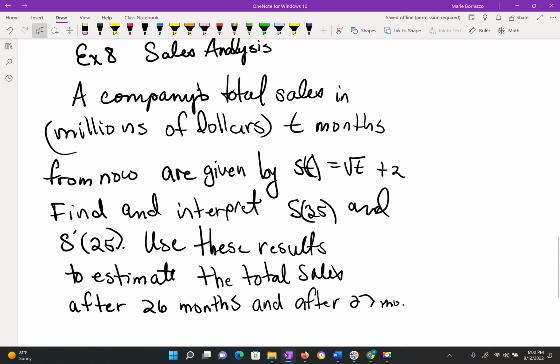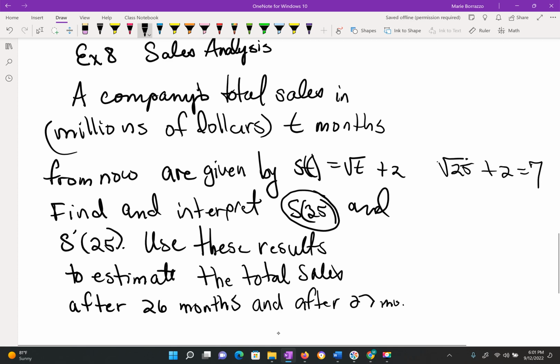I'll give you a hint. Go right back to the question we just did. Find that first derivative. So if I'm evaluating this, isn't this basically the square root of 25 plus 2 for the f of x?